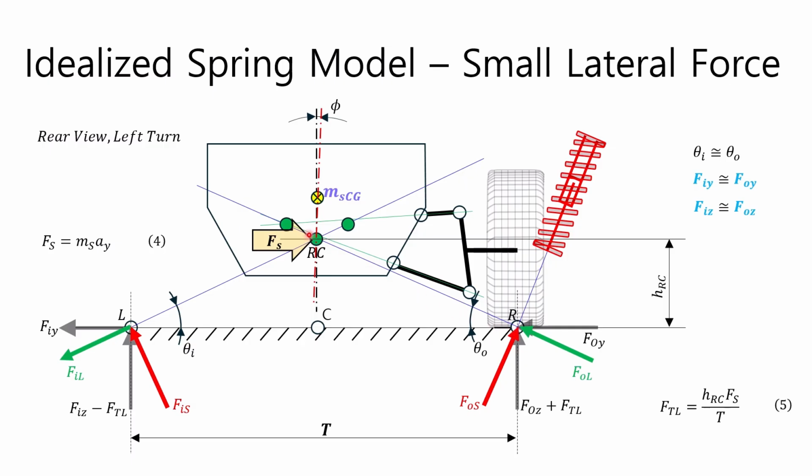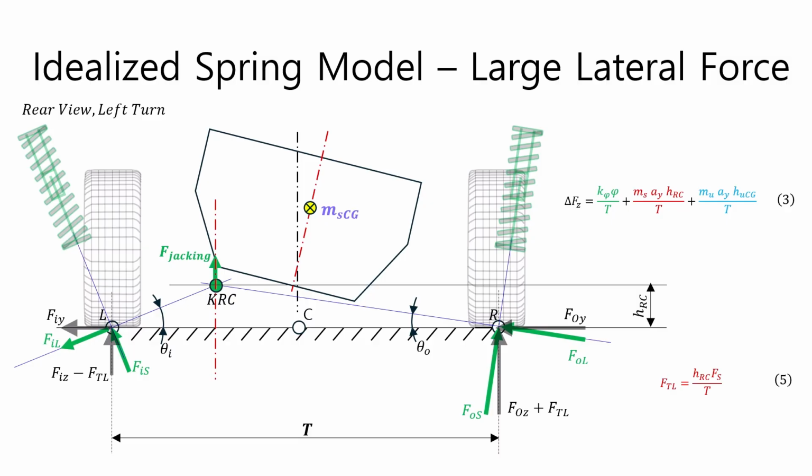When lateral forces are small, the kinematic roll center and force roll center are in the same location. However, when lateral forces are large, the suspension links become asymmetrical, and the kinematic instant center, KRC, is no longer considered the instant center. Let's explore why.